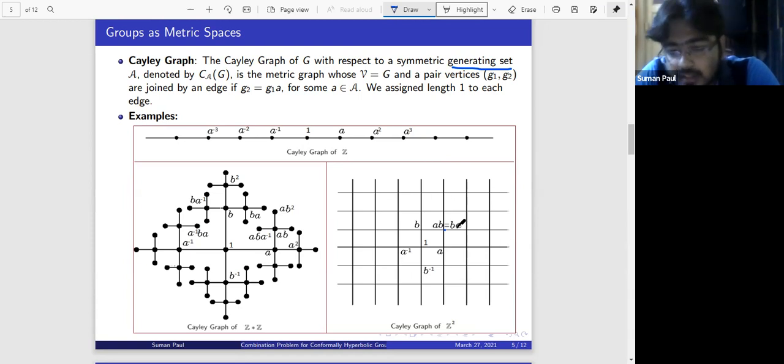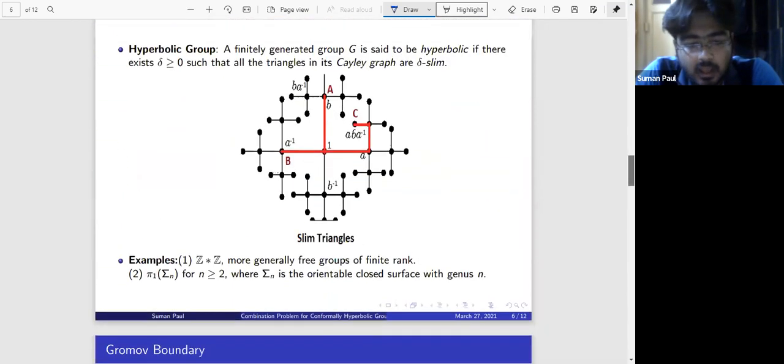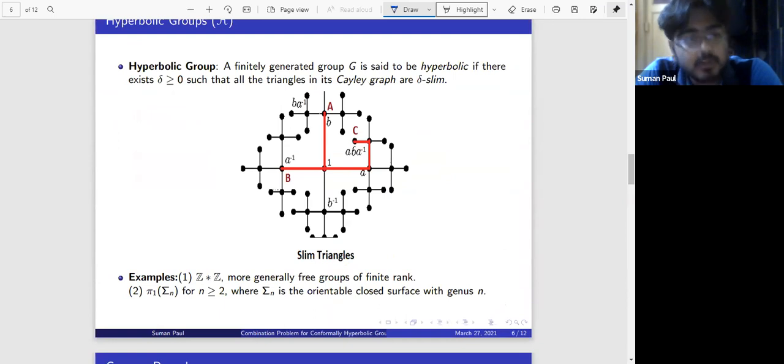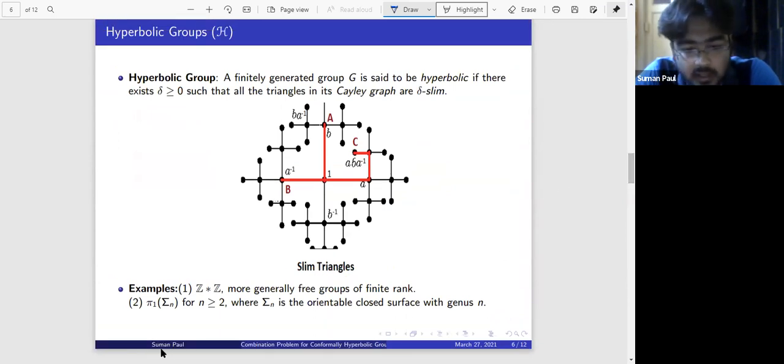That's why Z direct product Z is also not hyperbolic. Okay. And the second example of hyperbolic groups, this is very important: the fundamental group of an orientable closed surface with genus n, where n is greater than or equal to 2, is hyperbolic.